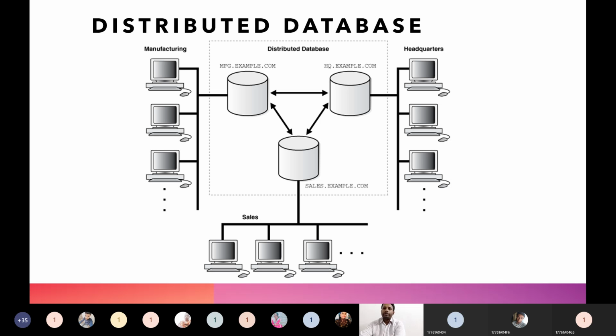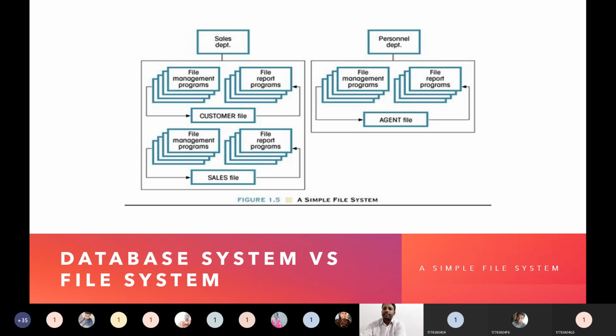Suppose you take one company or organization, there will be a manufacturing department, headquarters department, sales department. Each one has its own database and their databases are interconnected. That is, headquarters sometimes may require manufacturing details, and sales data may sometimes be required by headquarters, something like that. Nowadays our latest databases all come with object-oriented features and distributed features. Most of the databases are like that.